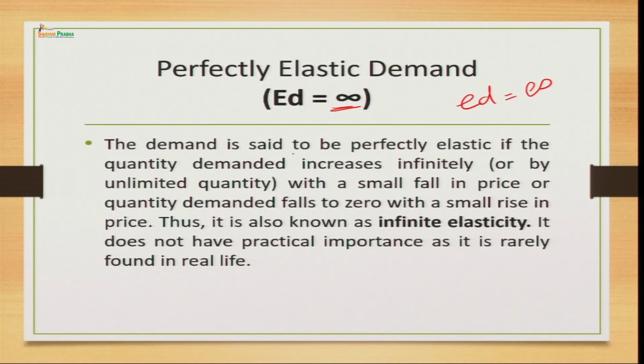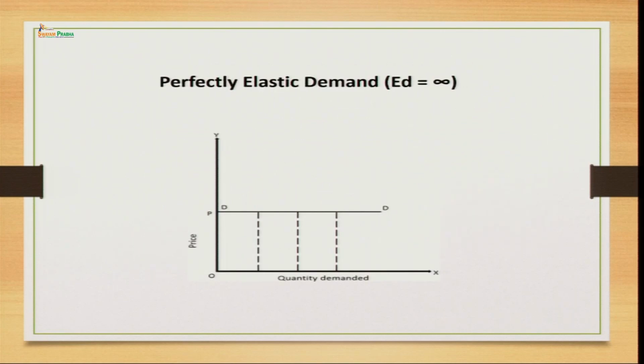So, demand is said to be perfectly elastic if the quantity demanded increases infinitely, or by unlimited quantity, with a small fall in price, or quantity demanded falls to 0 with a small rise in the price. This is known as infinite elasticity. Okay. So, this is the case of perfectly elastic demand, and this is how we represent it on the graph.